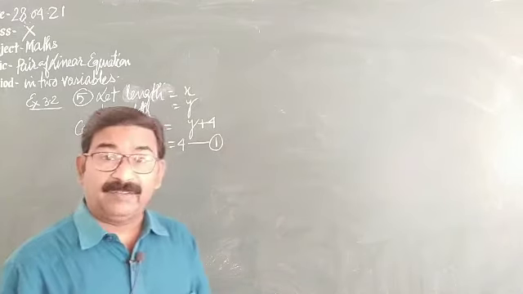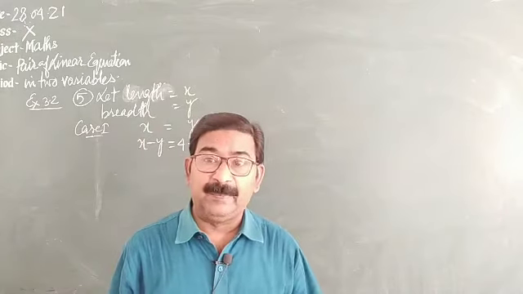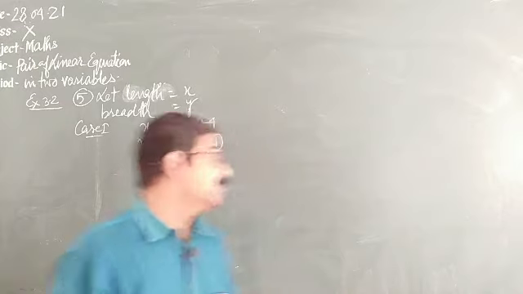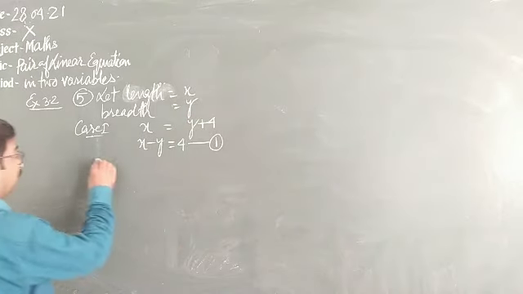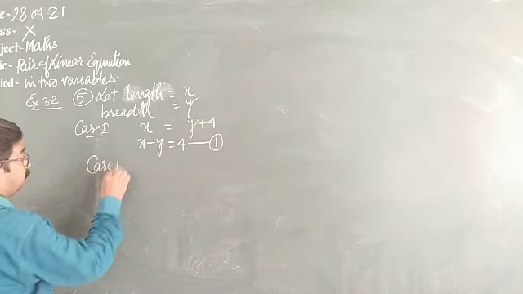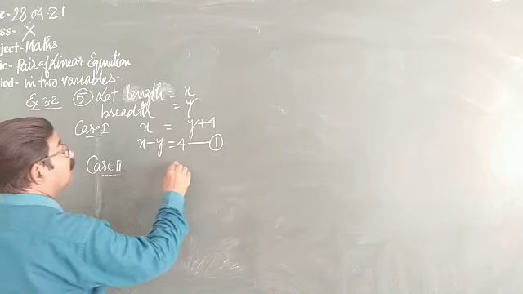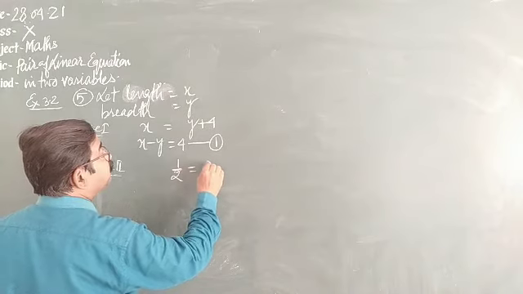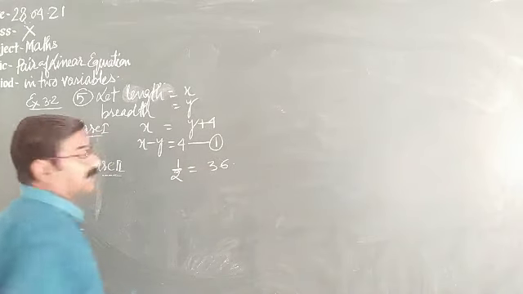Now given half the perimeter is 36 meters. Half the perimeter is 36 meters means in second case 1 upon 2p is equal to 36.